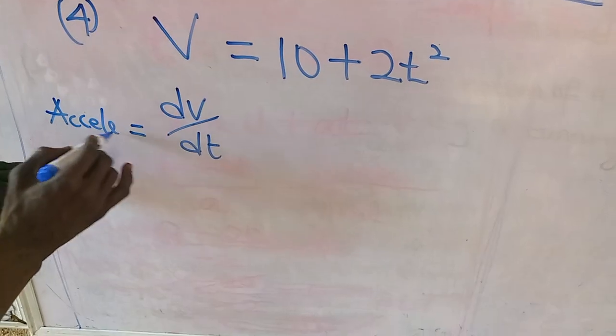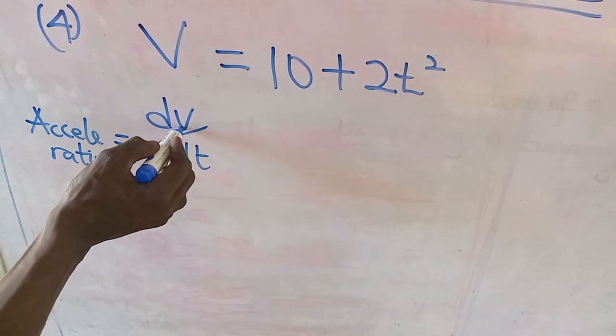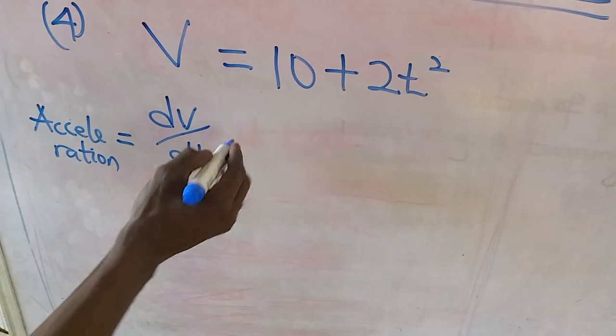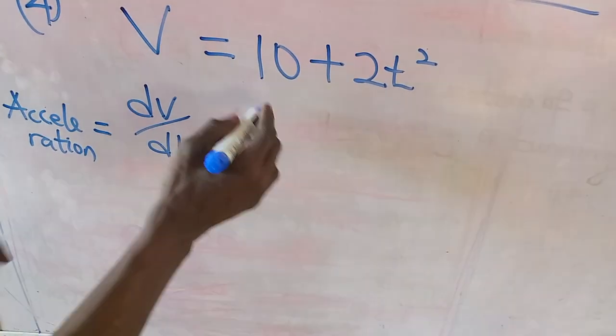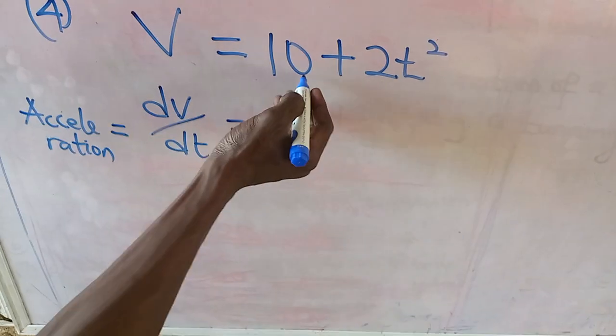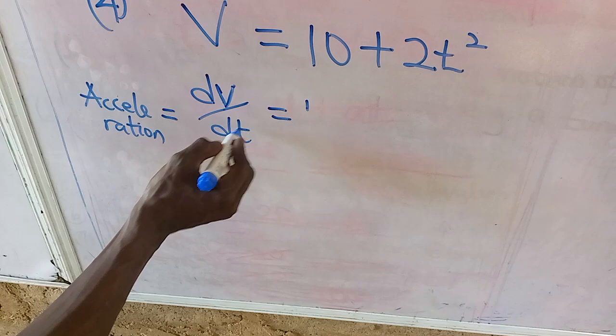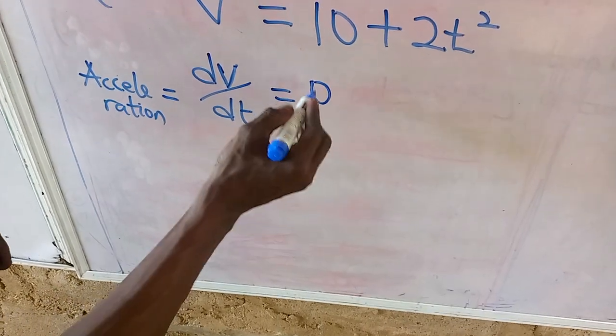Acceleration is dv over dt. Now when you are differentiating, whatever does not have the function will turn to 0. We are differentiating velocity with respect to time. This one does not have time, so it becomes 0 automatically.